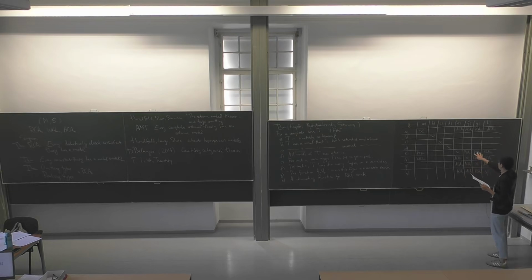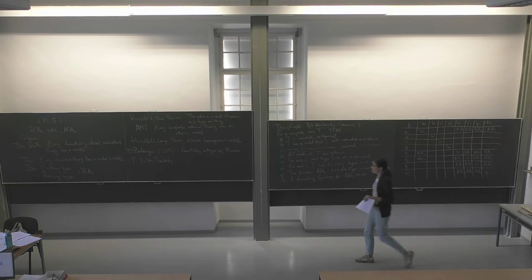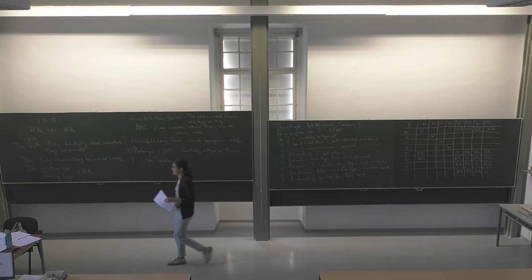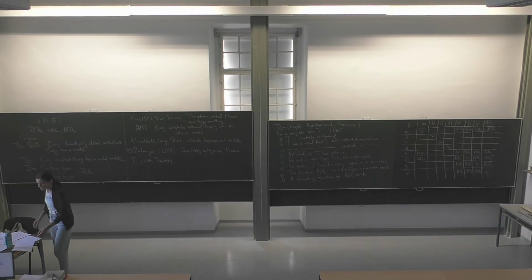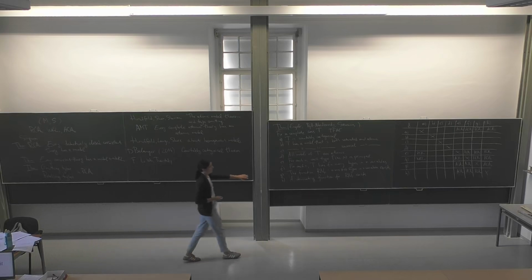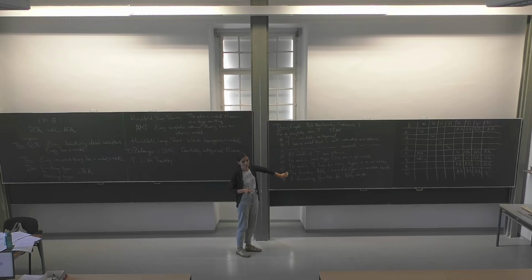As I said, everything that is RCA naught is pretty much obvious. Many of those ACA naught results are proven using a construction of a countable categorical theory such that its Ryll-Nardzewski function codes the jump, zero jump.